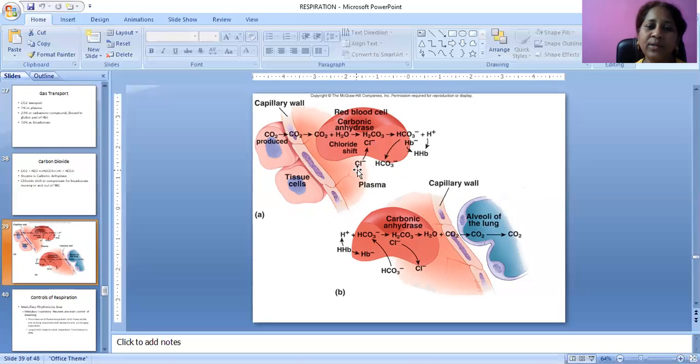From plasma, chloride ions are going inside and bicarbonate ions are coming out. The exchange of chloride and bicarbonate ions between plasma and RBCs is called chloride shift.